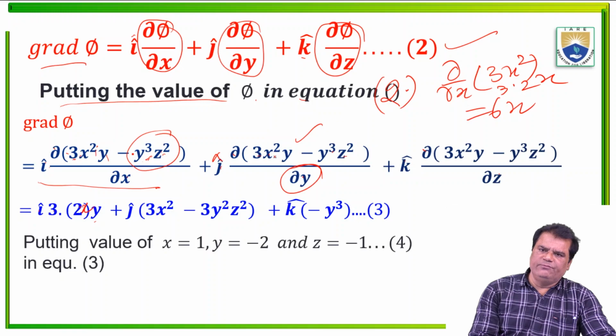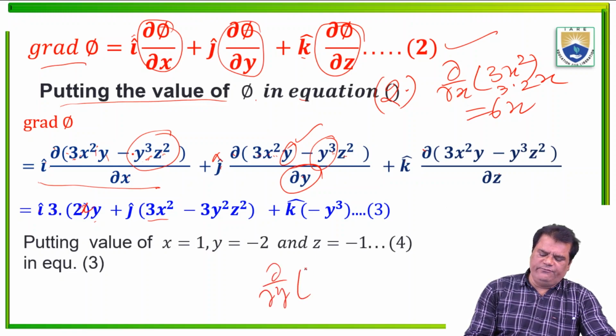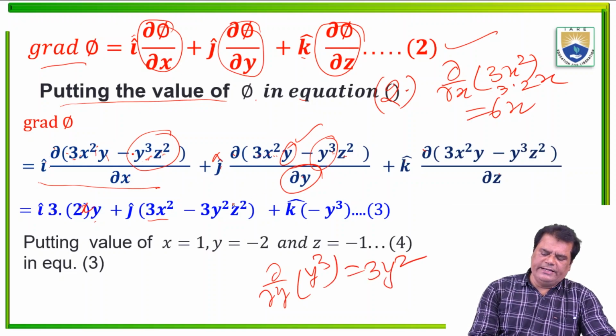Now the second term, differentiating with respect to y. y is present in both terms. So ∂/∂y of 3x square y is 3x square times 1, and ∂/∂y of y cube is 3y square. So we write here 3y square z square. z is constant here and is a multiplier, so no change in z square.